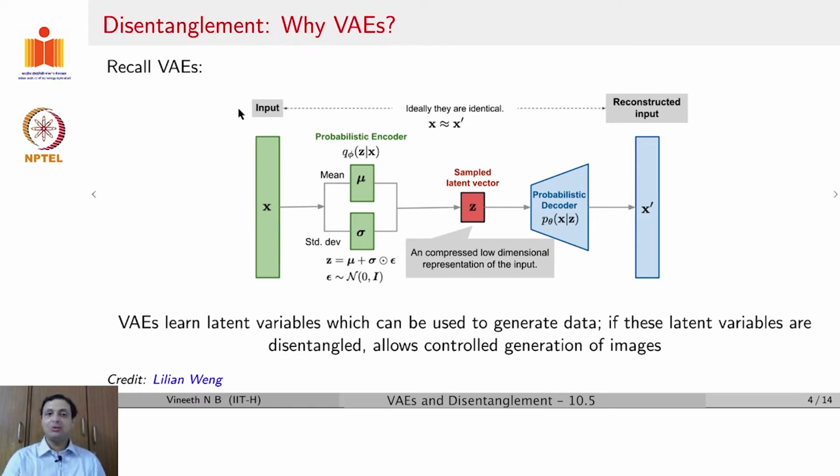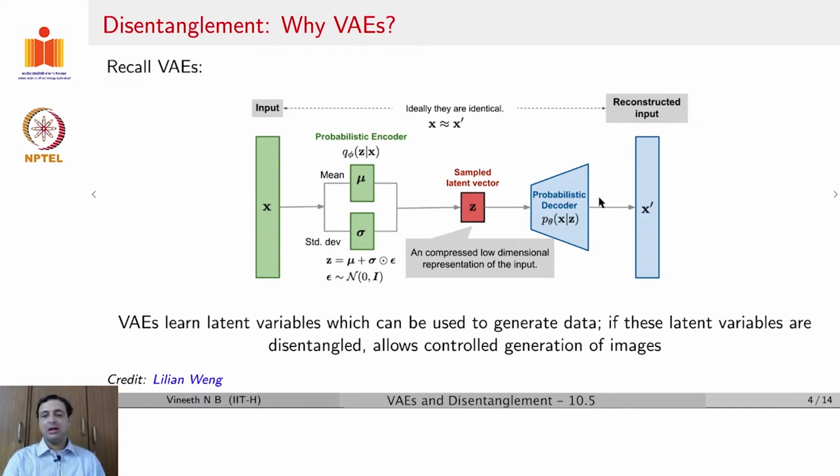So recall the VAE overall architecture and formulation. You have your input data X. The encoder provides the mean and variance of an approximate posterior, which learning tries to make close to a pre-assumed prior. Then a vector is sampled from the prior.